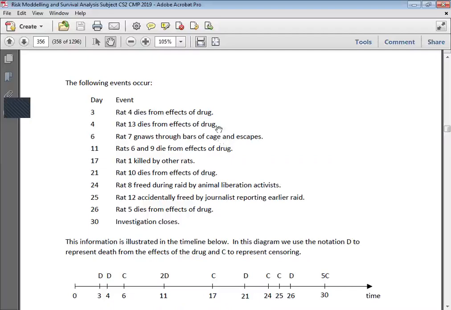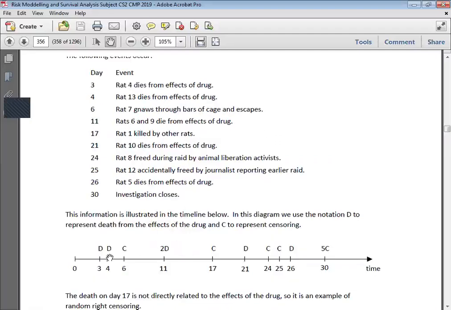Here they have given us some information, so I'm going to do this simultaneously. We are going to draw a timeline with the respective times that they have given us. If you see here, rat 4 dies from the effect of the drug. So if there is a death, you write it here. Then at day 4, rat 13 dies.